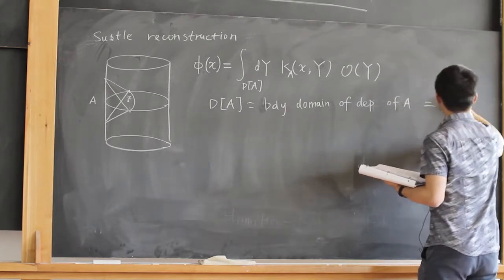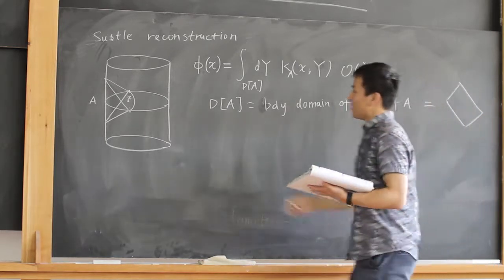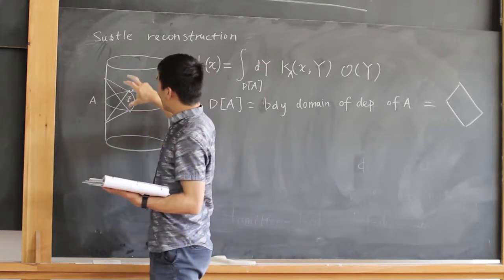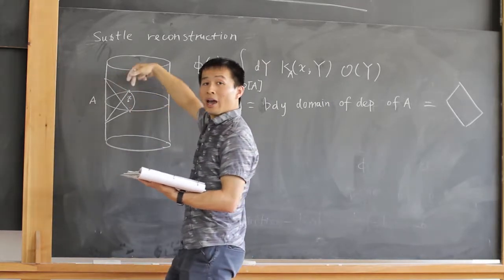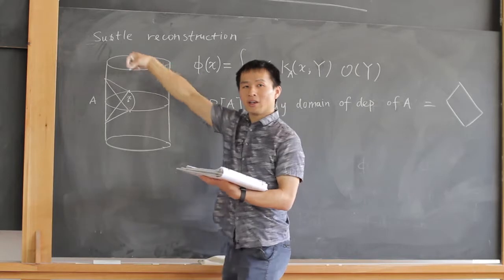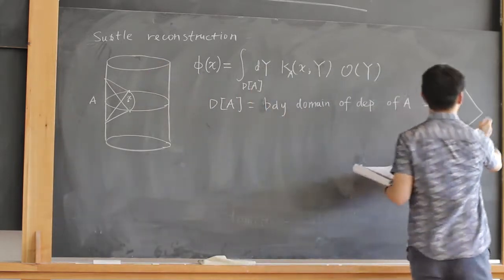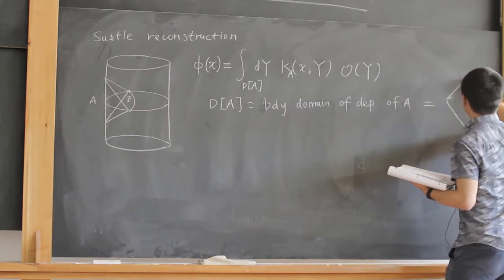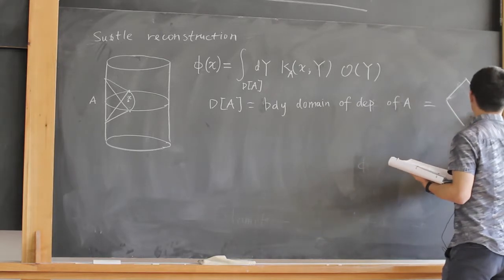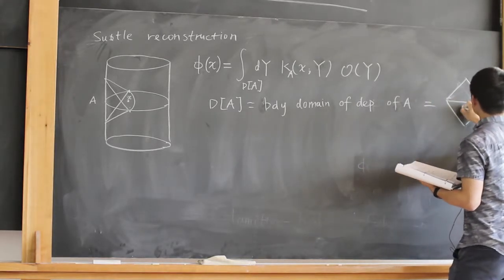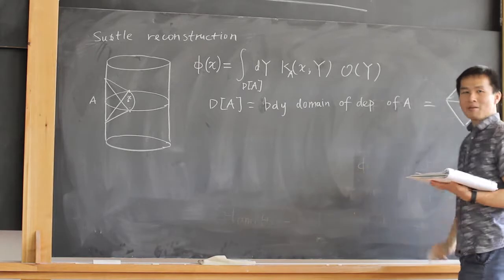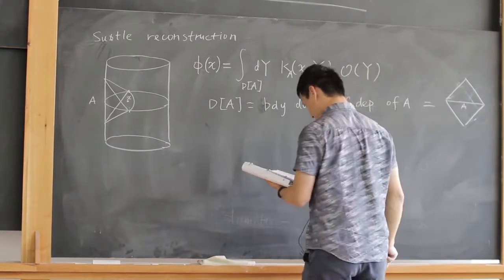So in particular, if I look at this picture only on the boundary and turn it 90 degrees, I'm going to find a picture where this is A, and this entire diamond is the domain of dependence.